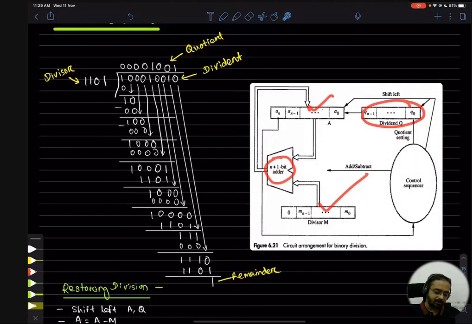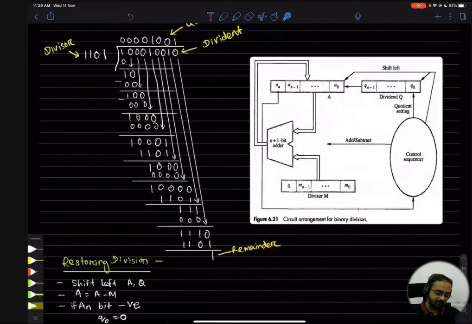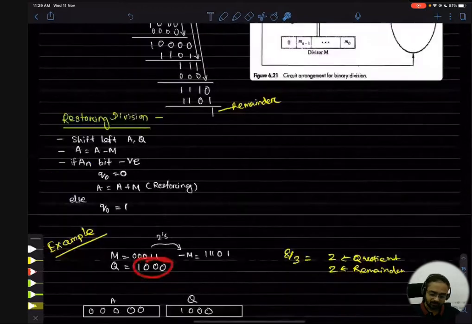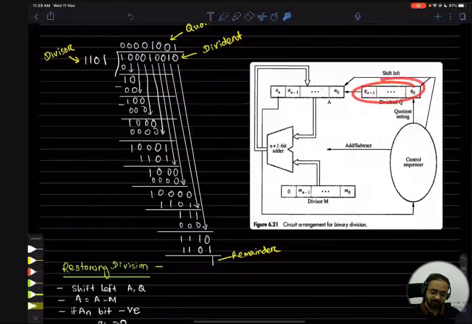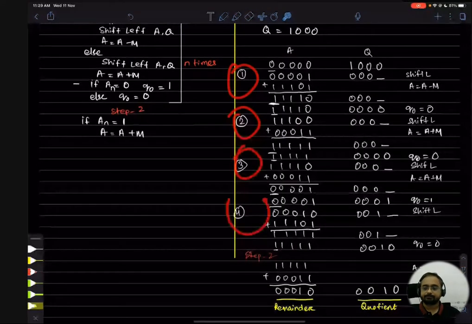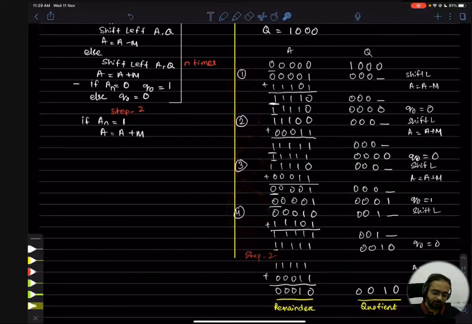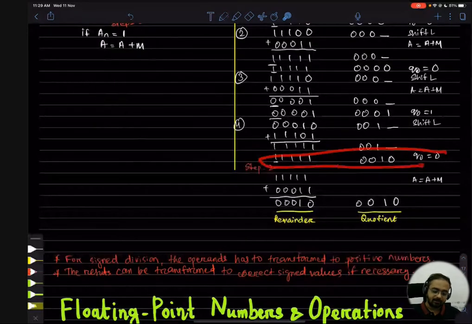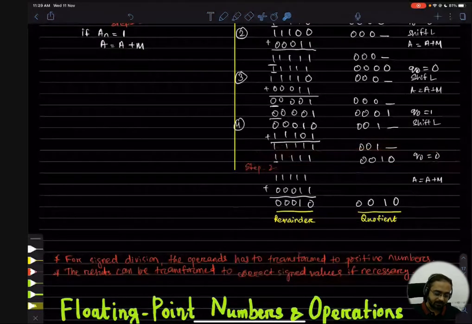So how many bits are there in Q? 4 bits are there, that means n is equal to 4. So we have to do 4 number of iterations here. After the 4 iterations, what is our result? This is our result. After this what will we check?